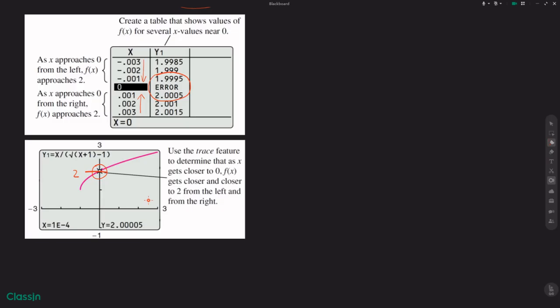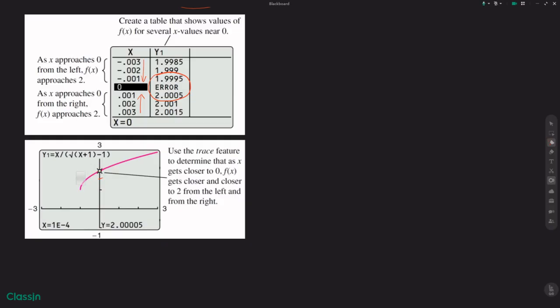Okay. Well, does it make sense? Yes, of course. Because we already see from the data chart that when x approaches 0, from either side, the function is pointing at that number 2. And the graph confirms that.